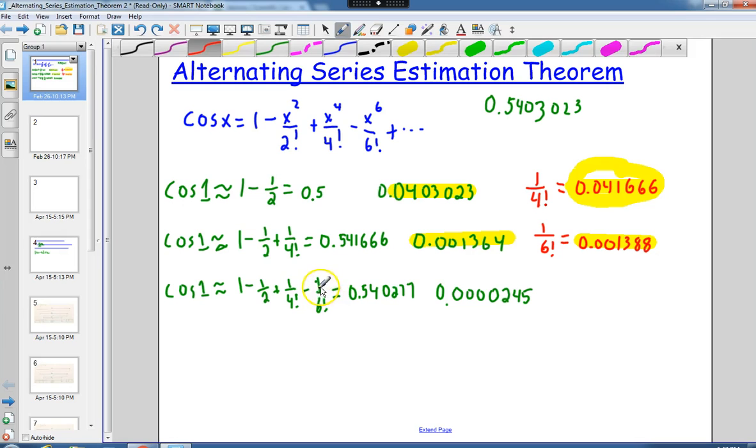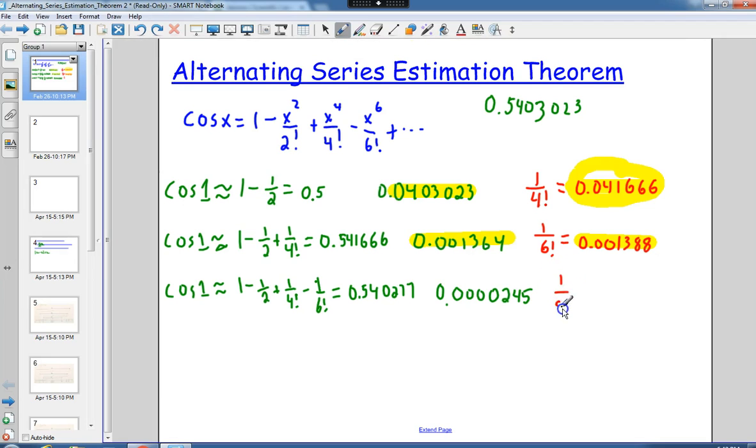And if we were to continue adding terms of our Maclaurin series, the next term, hopefully you would agree, is 1 over 8 factorial. And 1 over 8 factorial is equal to 0.0000248.